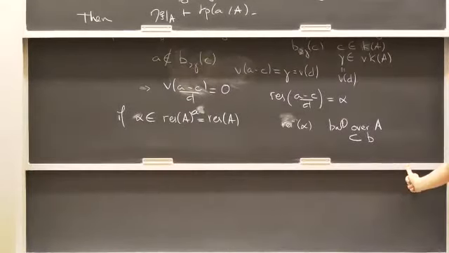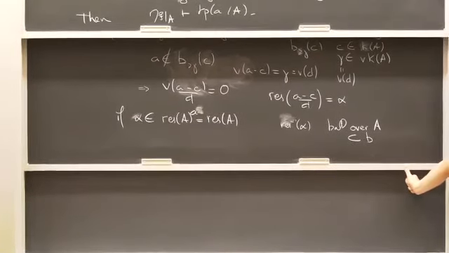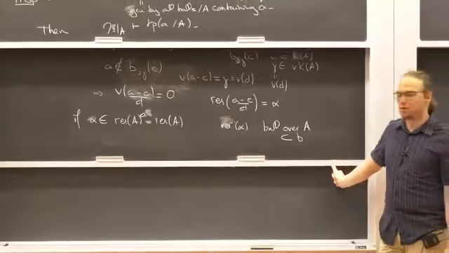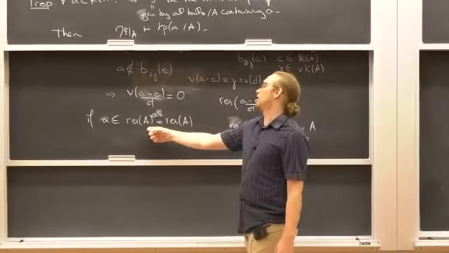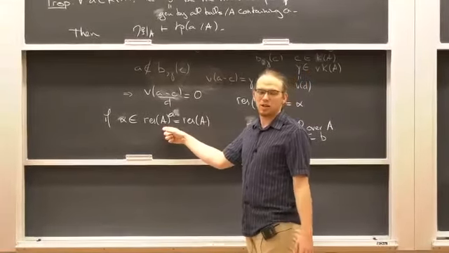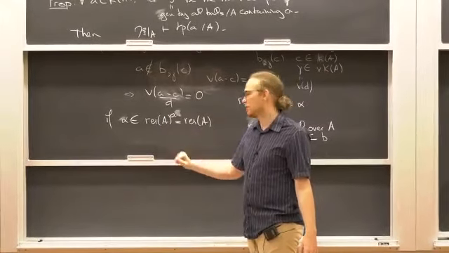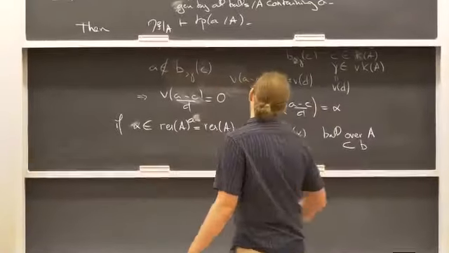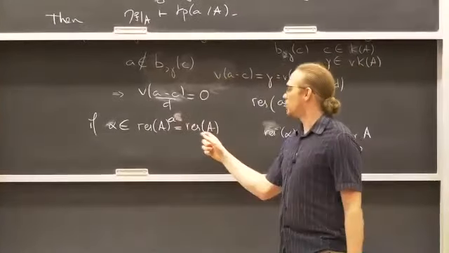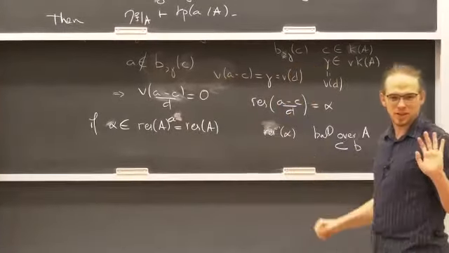This is a contradiction. Why did you mention algebraic closure? Because I want to apply my lemma afterwards. So not only can it not be in res A, but it cannot be in res A in the algebraic closure, because they're the same. It's not in the algebraic closure because these two things are equal. That's all I'm saying.